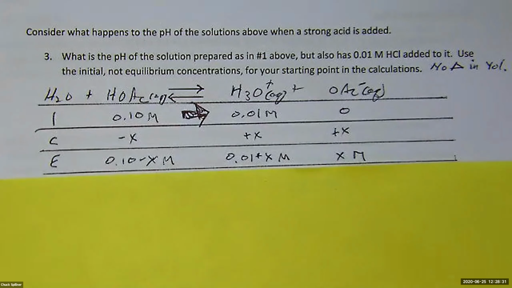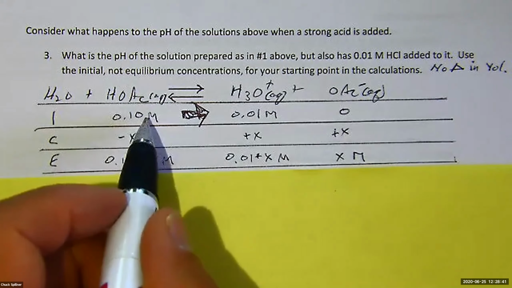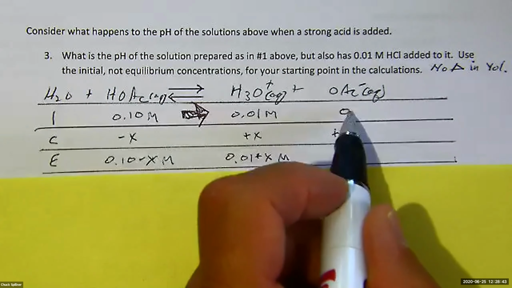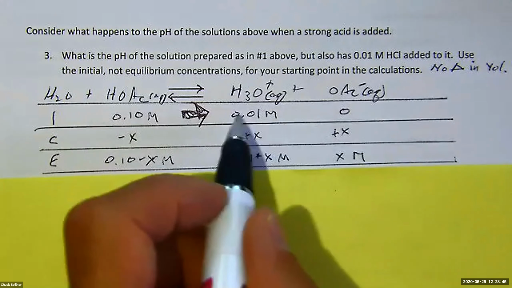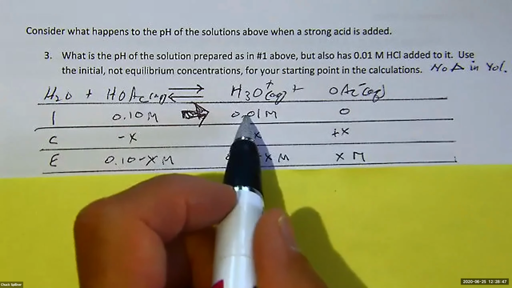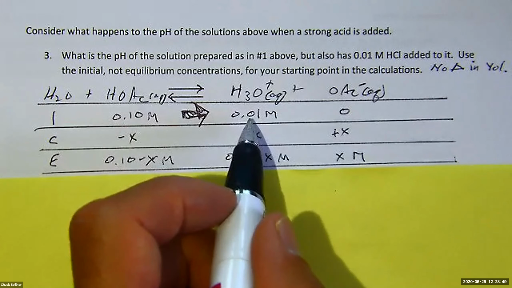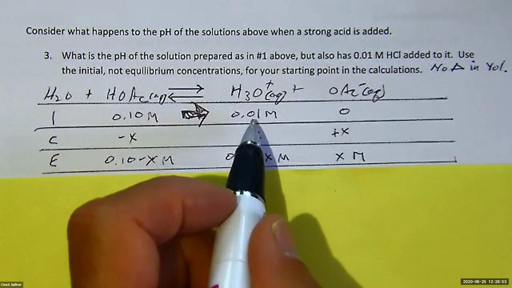Now, remember previously in the second problem, we started with 0.1 molar acetic acid and some acetate, and we saw that the hydronium ion formation was suppressed. It was lowered because of that.